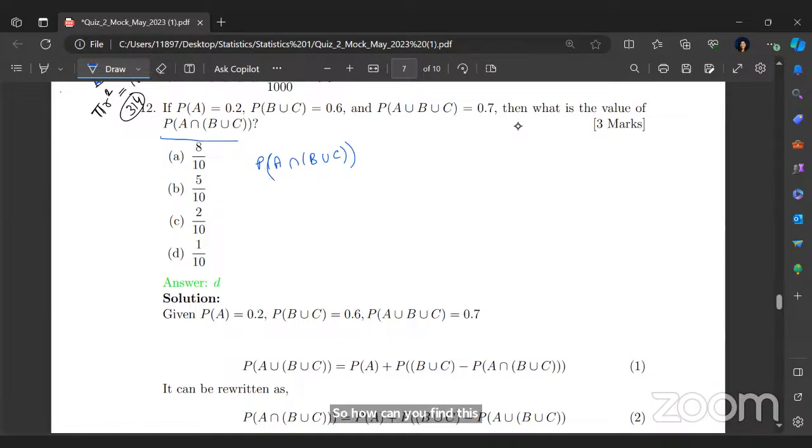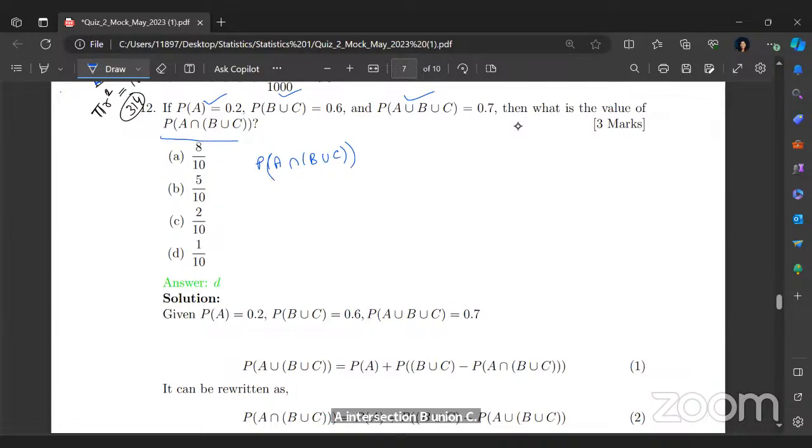The information that is given to you is probability of A, probability of B union C, probability of A union B union C. All these are given. And you have to find probability of A intersection B union C.